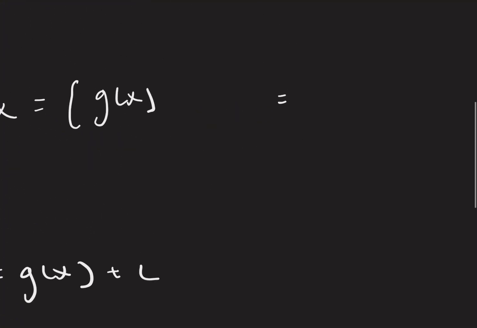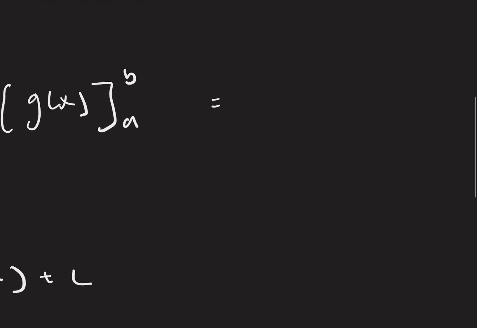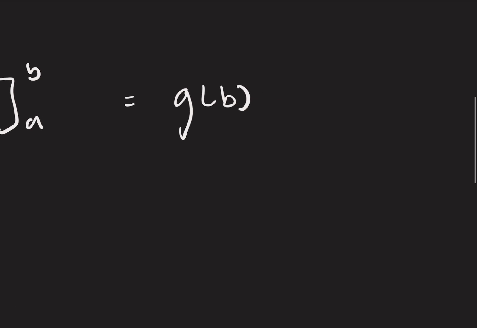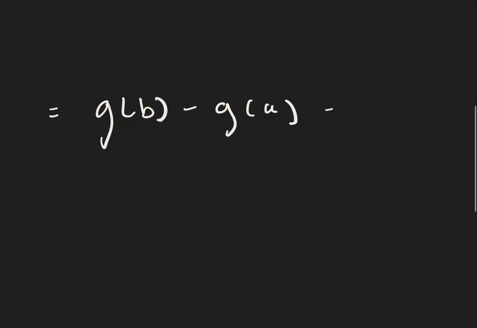But if it was indefinite, definitely put the c. Okay, so it'll be G of B, subtract G of A. And then you'll solve, and then I'll give you your answer.